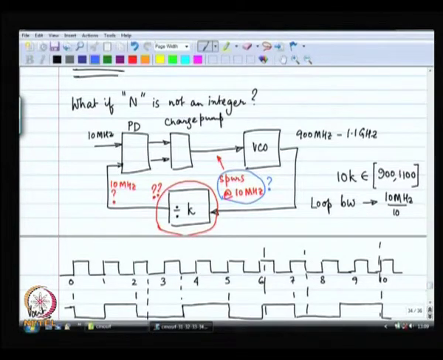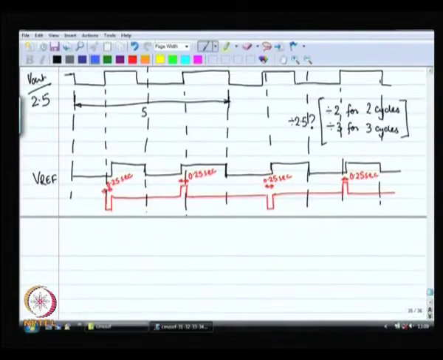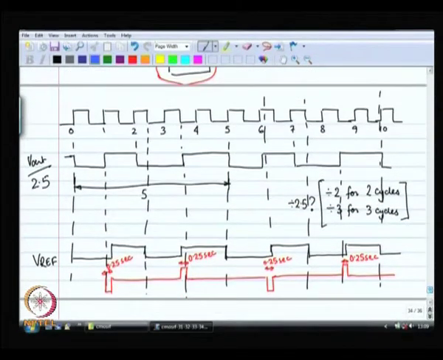We think that the spurs are going to be at the reference frequency, is that correct? The reference frequency is 1 by 2.5 hertz. Are the spurs coming at 1 by 2.5 hertz or at some other frequency? What is the periodicity in the phase detector output? What is the period?